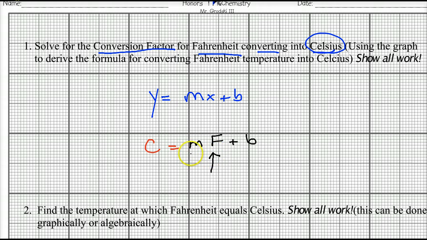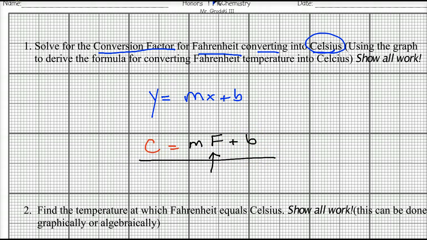Remember, Fahrenheit's a bigger scale, from 0 to 212, so you probably have to make this number smaller. So this number is going to affect this. And then, of course, this b also adjusts for the 0. We'll talk more about that. But that's all you're doing there.